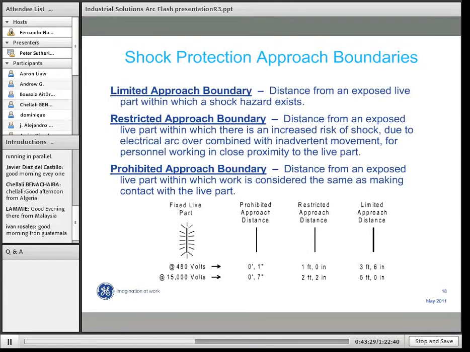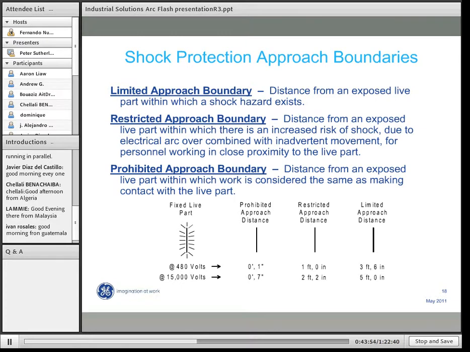And the next page shows a shock protection boundary, and there is a limited approach distance. This is entirely based upon the voltage, and that's the distance within which there is a shock hazard.